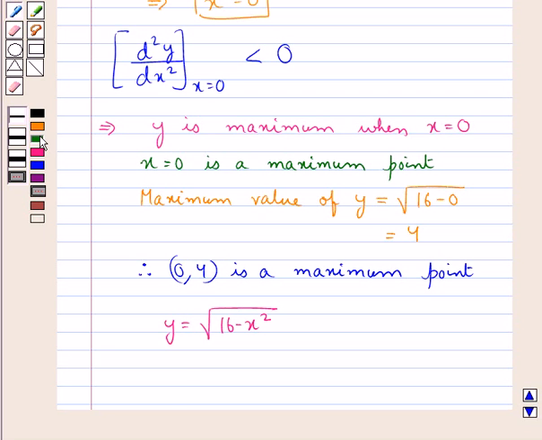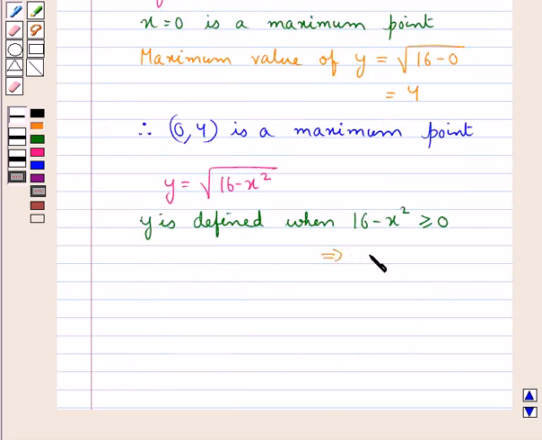Now again we have y is equal to square root of 16 minus x square. Now y is defined when we have 16 minus x square greater than equal to 0, that is when we have x square less than equal to 16, or we can say that modulus of x is less than equal to 4, which means that x lies between minus 4 and 4, that is x is greater than equal to minus 4 and less than equal to 4.